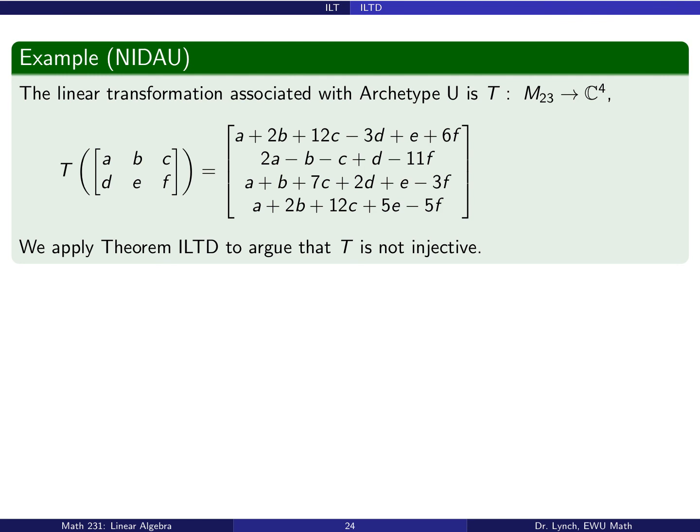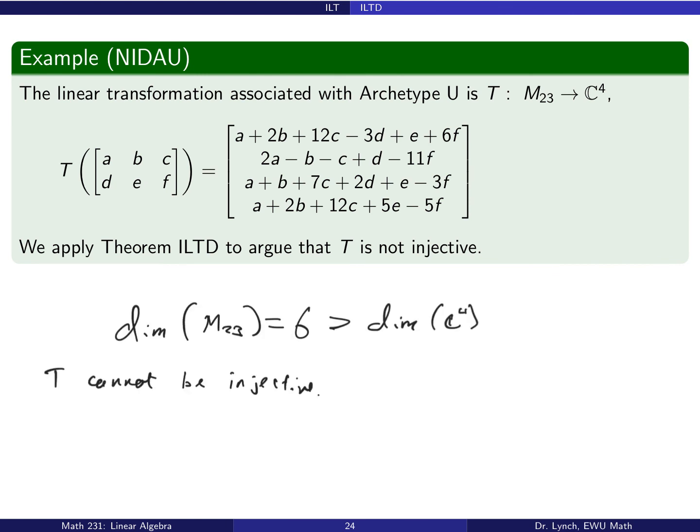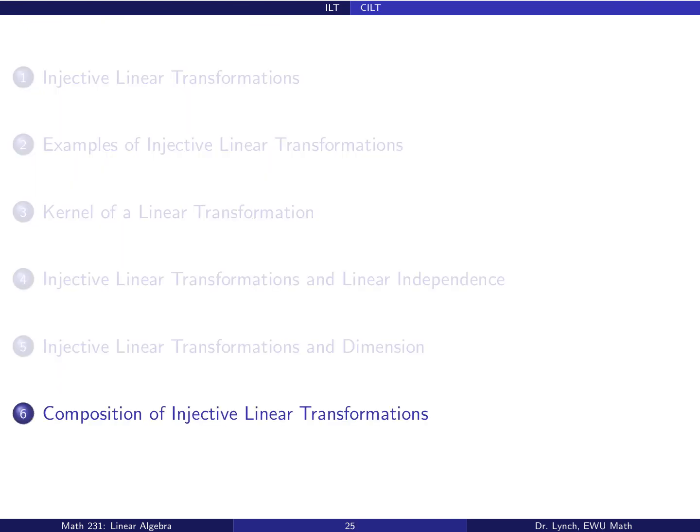Since the dimension of the codomain is less than the dimension of the domain, there's no way for this linear transformation T to be injective. Okay, again, when the dimension of the domain is greater than the dimension of the codomain, a linear transformation may not be injective.